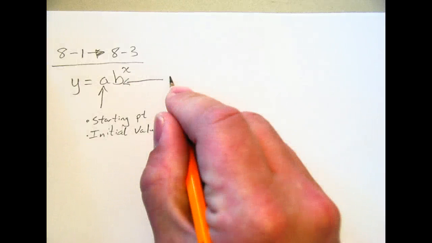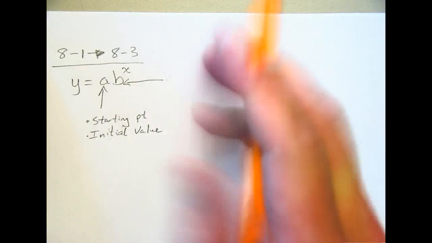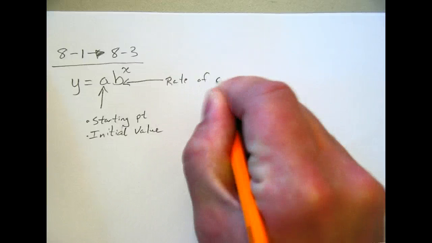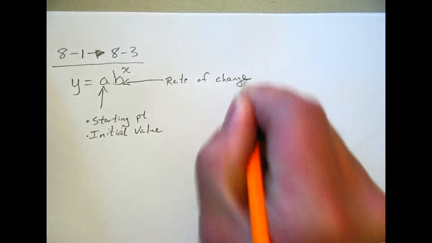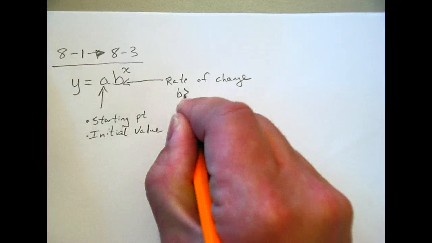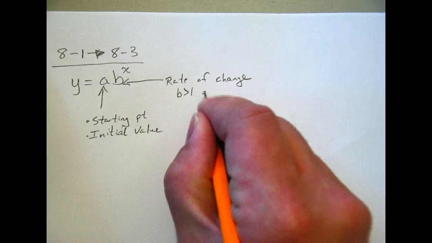B. Yeah, it's our rate of change. When you recall our rate of change, if our B term was greater than 1, that was growth.